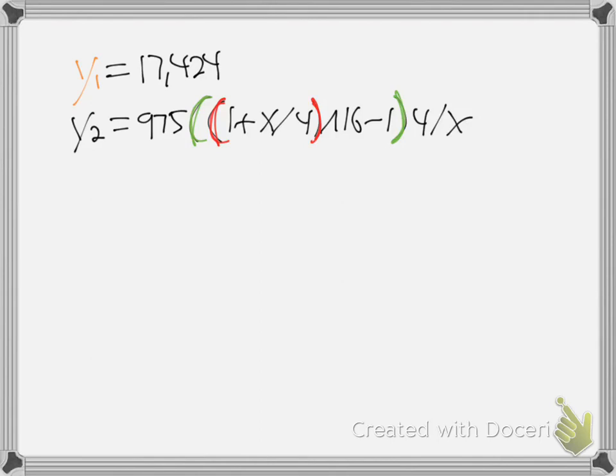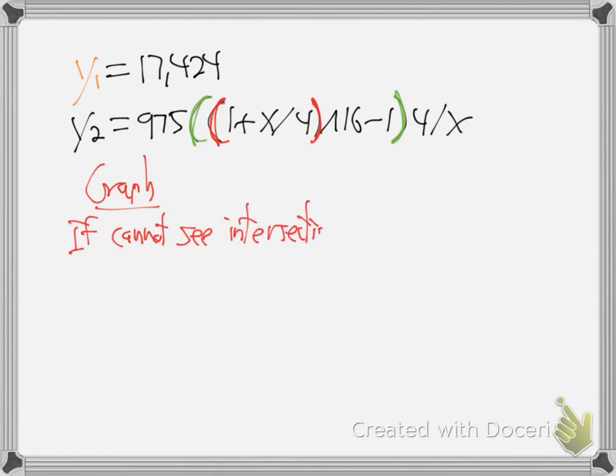Back over here. So you hit graph, and then if you cannot see an intersection, hit second table. It's above graph.